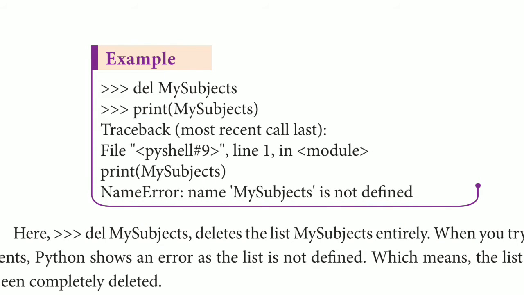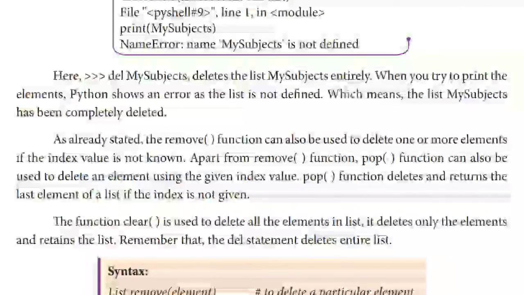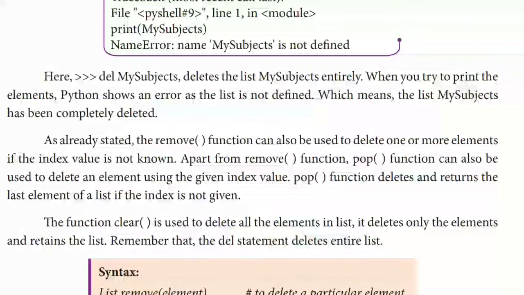You cannot print it because my subject is not defined, since it has already been deleted and you are trying to print it. So here the del statement deletes the list my subject entirely.